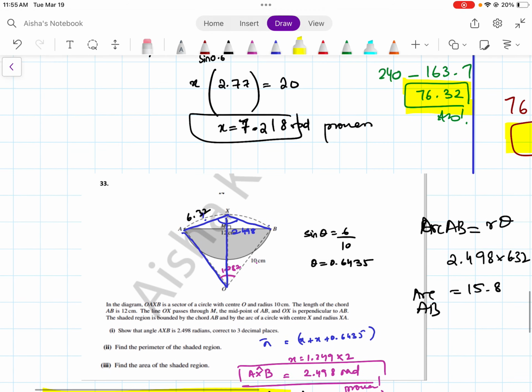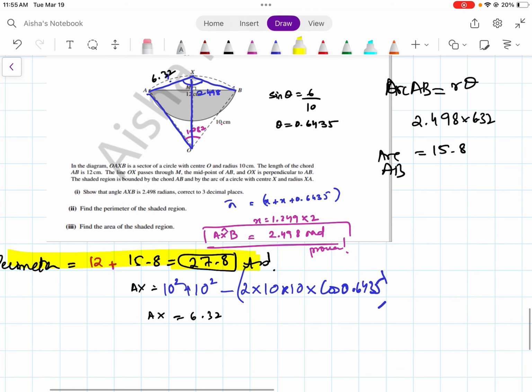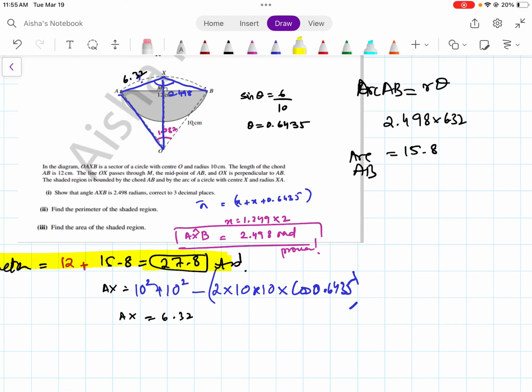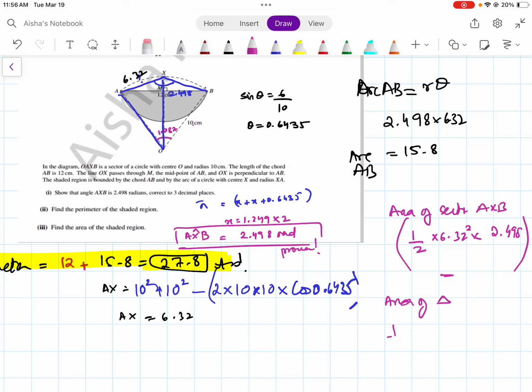Now comes the area of the shaded region. Area of the sector minus the triangle is an easy thing. Area of sector AXB, half r square into theta, is 2.498, minus area of the triangle. Area of triangle is going to be half into 6.32 into 6.32 into sine 2.498.